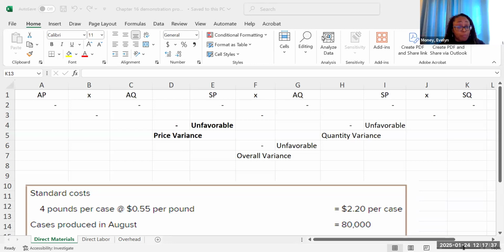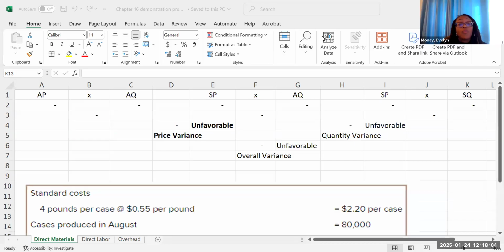So if we overspend, then when we subtract, we're going to get a positive number. So in this case, positive is bad. Now, if the number is negative, because we're talking about expenses, it represents a cost saving. So a negative number is a favorable variance.